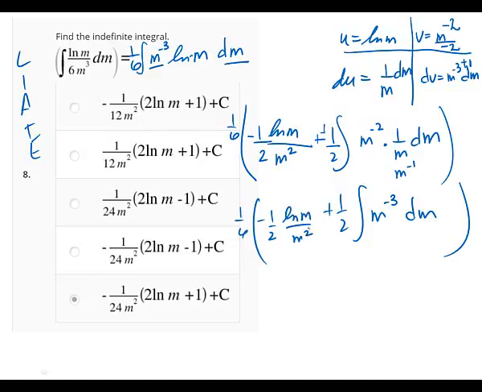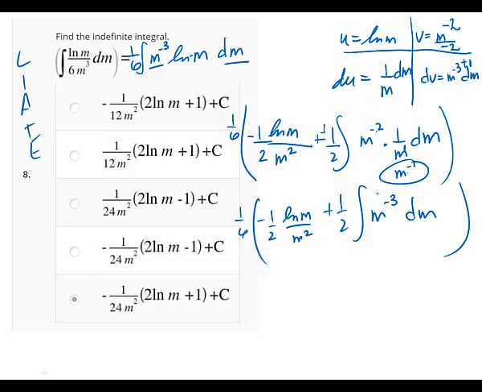Can you explain that again? Okay, so the only thing I changed was right in here. I can rewrite this 1 over m as m to the negative 1. We're bringing it upstairs, because it's an m to the first. M to the negative 1 times m to the negative 2, we add the exponents, so we get m to the negative 3.